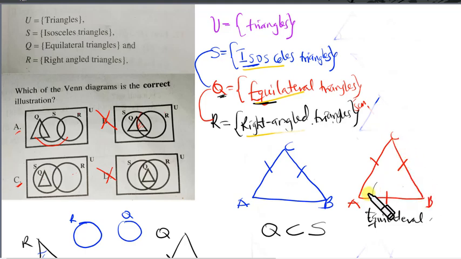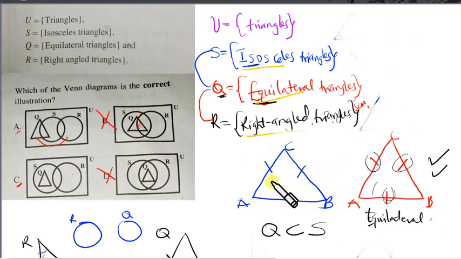Are they equal? You see the two bars on it? So they are equal. Let me take any other two sides. I'm taking AC and AB. Are they equal? I still see the two bars on it. They are equal. Let me take another side. So you can see that all equilateral triangles are isosceles.